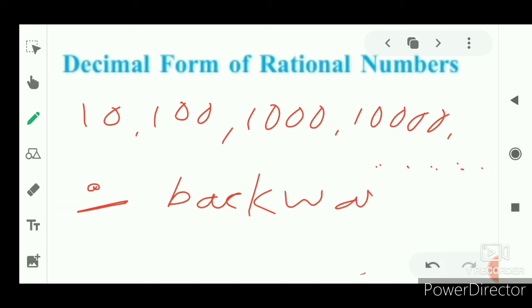This is applicable only for 10, 100, 1000, 10,000 and not for any other numbers like 2, 5, 20, 50. This is not applicable in that case. This is applicable for 10, 100, 1000, 10,000 and so on. Okay, so clear this concept?